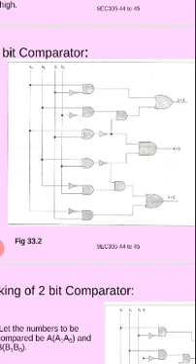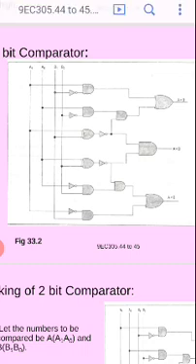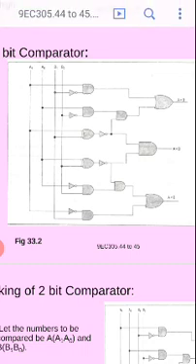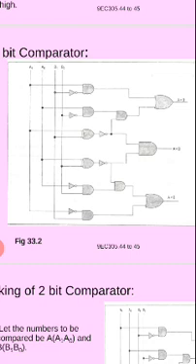Here there are two bits A1 A0, B1 B0. A1 A0 bits are compared with B1 B0.